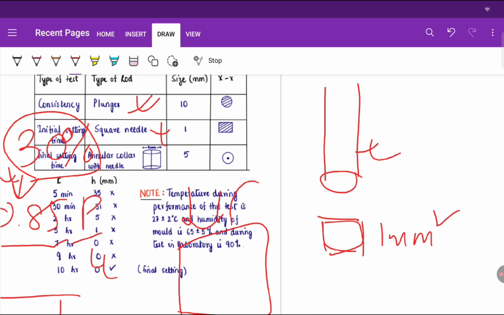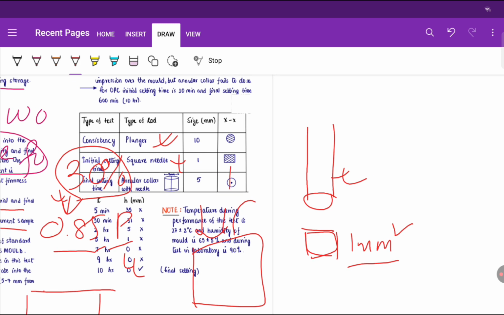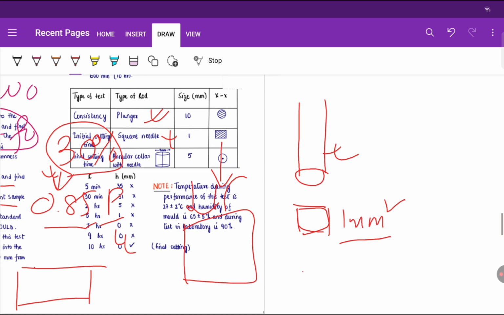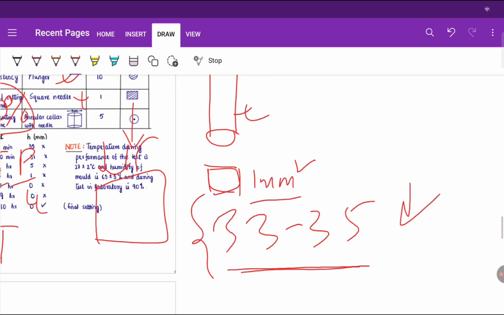Remember it. This is very important. Then we'll allow it to penetrate just like before. Then at the extent at which it will give 33 to 35 mm from top, at that time the test is stopped, right?